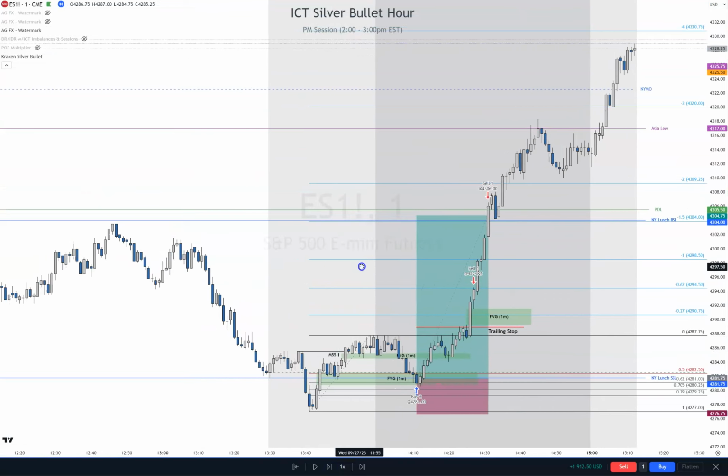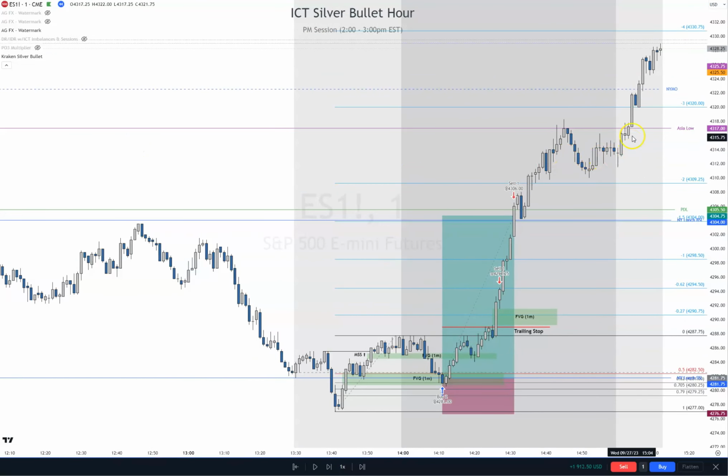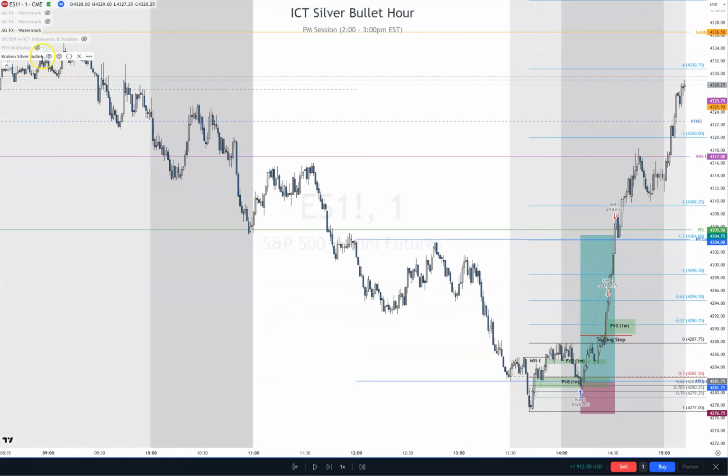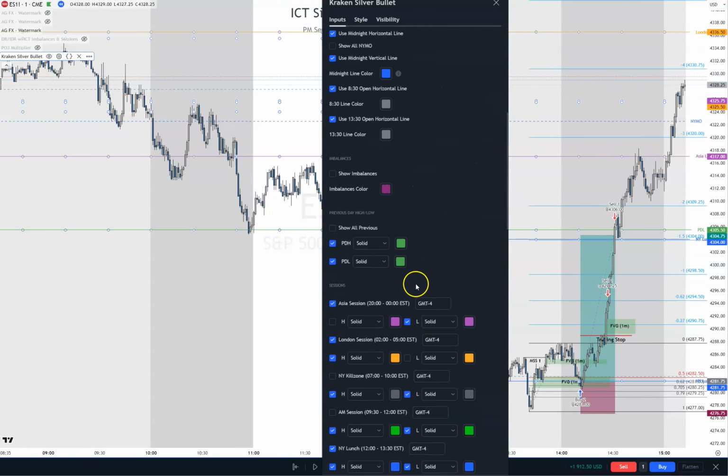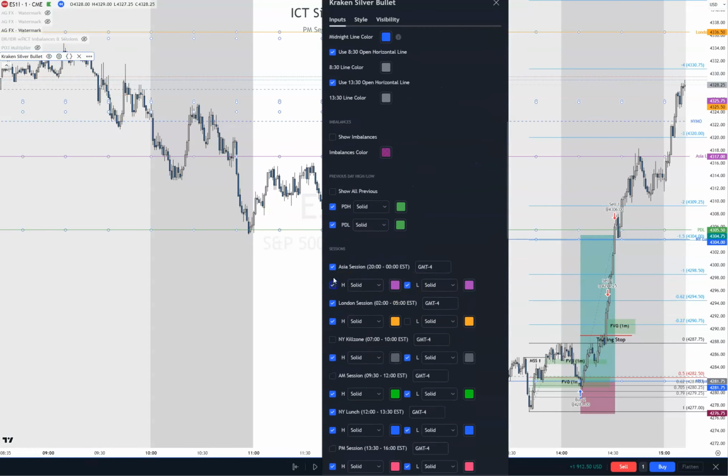Okay. All right, let's take off the low and the others so you can see, because the Asian low was already taken, so I don't really need that on the chart. Don't need the London, that wasn't on there. Luncheon, that's it.